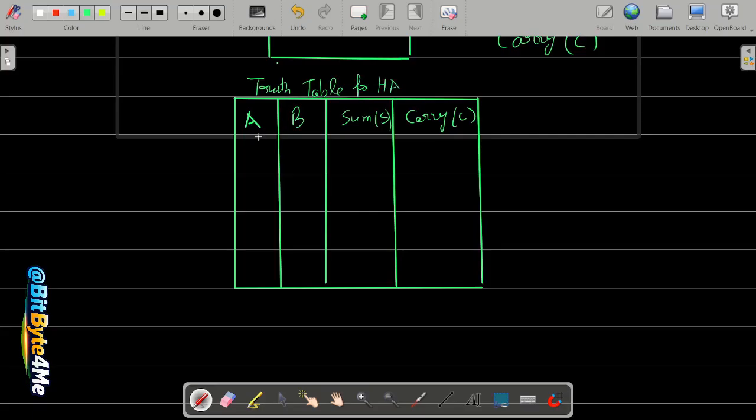Here two are input bits A and B. So what can be value of A and B? So we will write B can be 0, 1, B can be 0, 1, and A 00 and 11. So these are the four options starting from 00 and ending at 11. So four options are possible if we give two inputs.